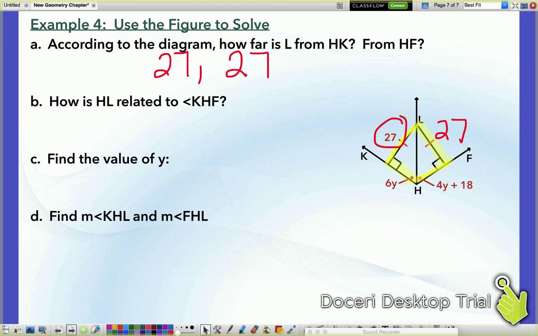How is HL related to angle KHF? Okay, so KHF is that angle right there. So how is HL related to it? Okay, well, HL is the angle bisector.